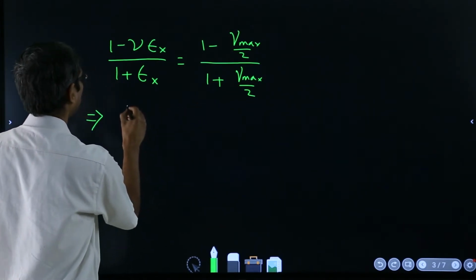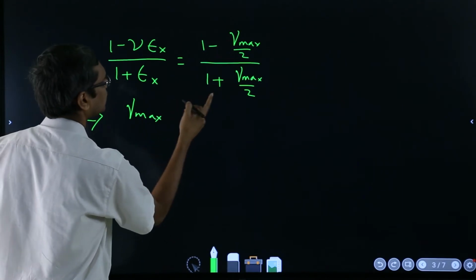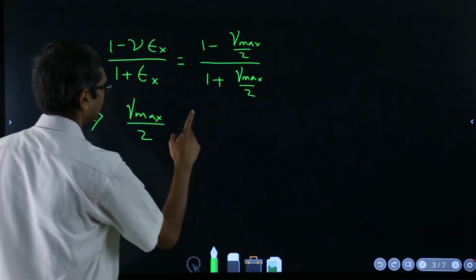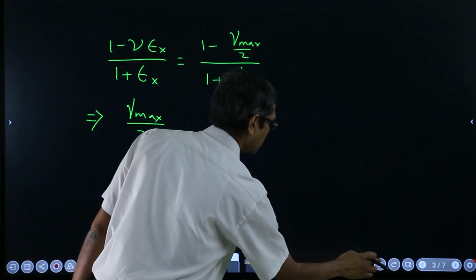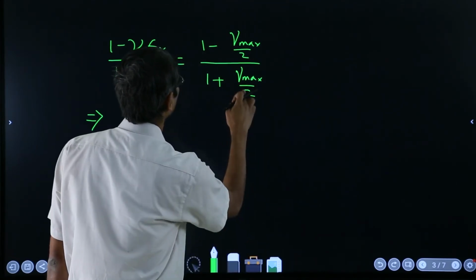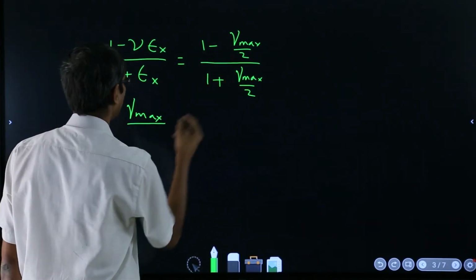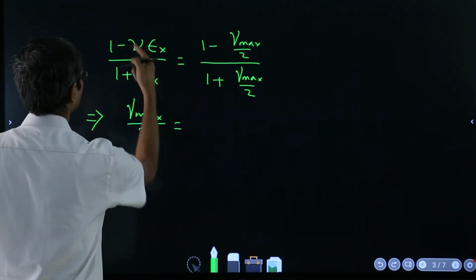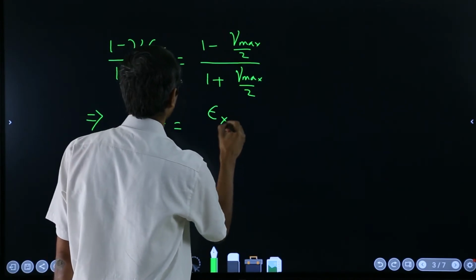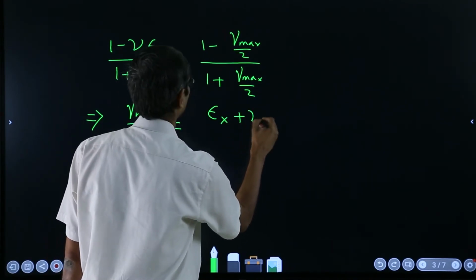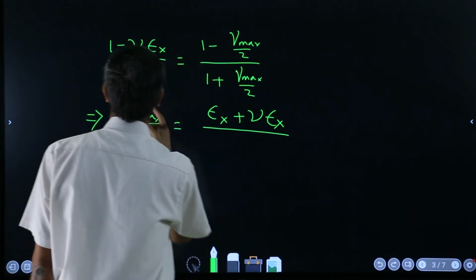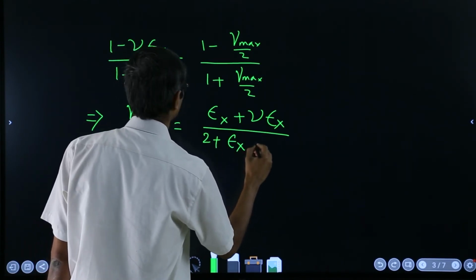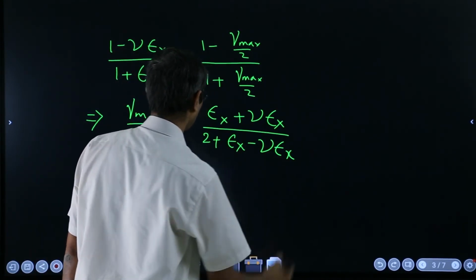This will be gamma max, this minus this if I do, over 2, right? In the denominator it will just be added up, so they will cancel, so it will be by 2. So this is equal to this minus this, which will be epsilon x plus nu epsilon x, over this plus this, which is 2 plus epsilon x minus nu epsilon x, right?